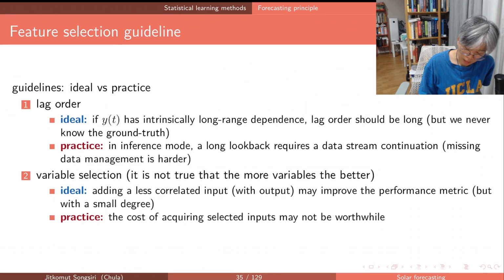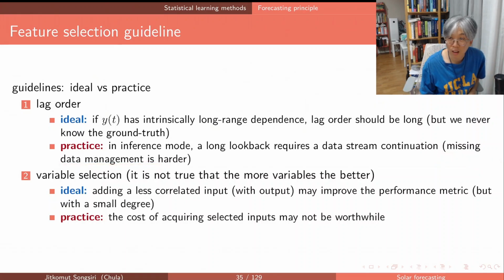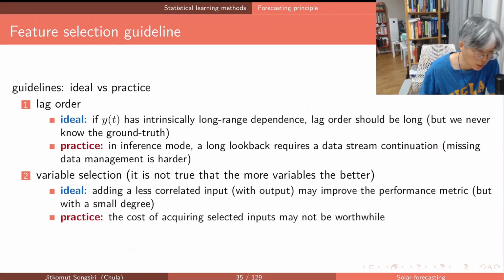But if you pick the lag order to be long when you deploy the model and you use it in the prediction mode, your platform requires a continuation of the data streaming. If missing data occur a lot in the prediction mode, you have to take care of this issue because you choose the lag order to be long.